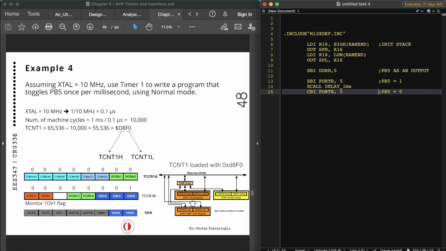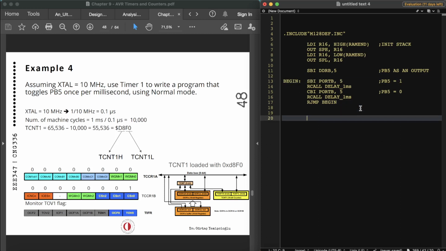Okay, so we have to toggle it with a 1 millisecond delay in between, and I have to call the delay again, 1 millisecond, and RJMP, go back and start again. So we have to start from here. Okay, so this is the main.